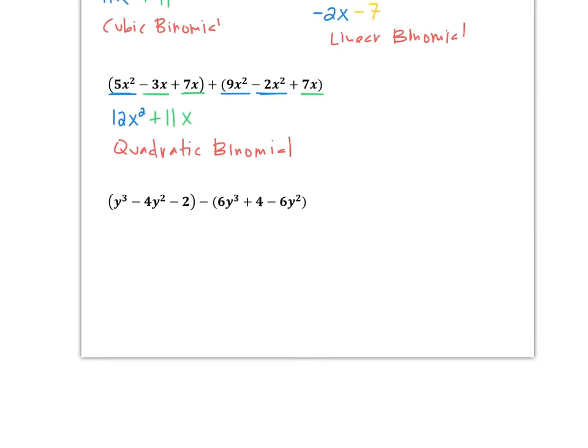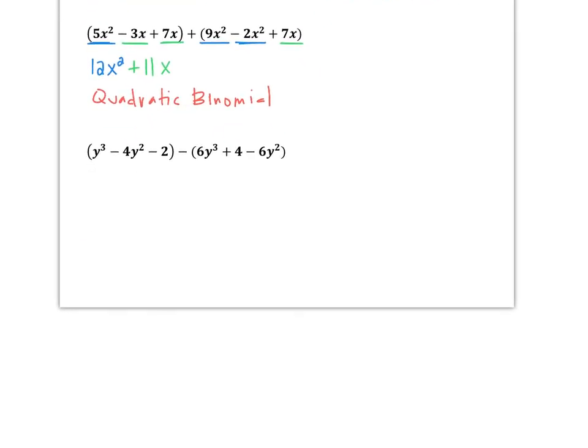All right, our final example here. All right, y cubed minus 4y squared minus 2 minus 6y cubed plus 4 minus 6y squared. So again, first thing needs to be to distribute this negative sign to all those terms.